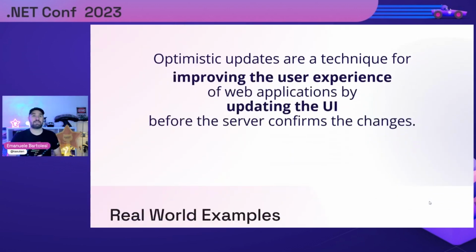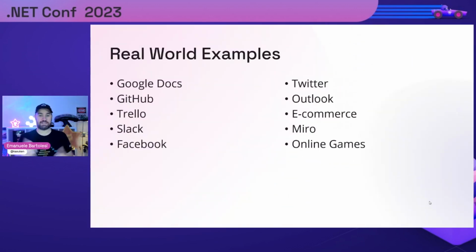But you see these optimistic updates every day. More or less, everyone uses Facebook, and when you add a comment and click on the add comment button, you see the comment just below the previous comment or the post. Of course, in that case, it's not saved very quickly, but they update just the UI. Or you can have another experience with optimistic updates on e-commerce websites when you add something to the basket.